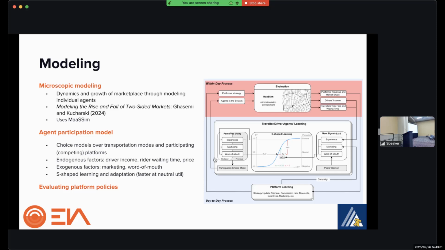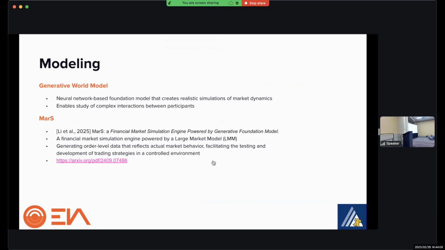And that participation model considers endogenous factors like driver income, rider waiting time and price, as well as exogenous factors like marketing of different platforms, word of mouth about the time-varying reputations of the platforms, and it establishes that model specifically through S-shaped learning and adaptation that allows us to evaluate different platform policies.